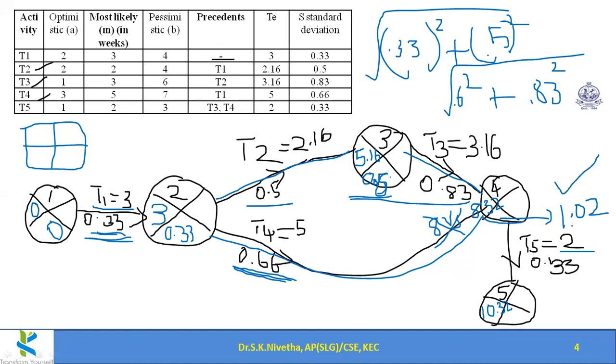Now 1.02 whole square plus 0.33 whole square.